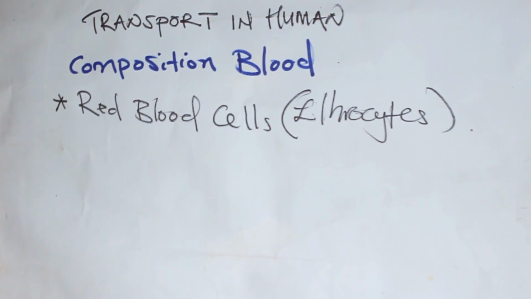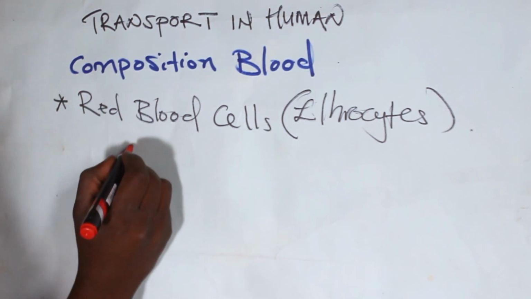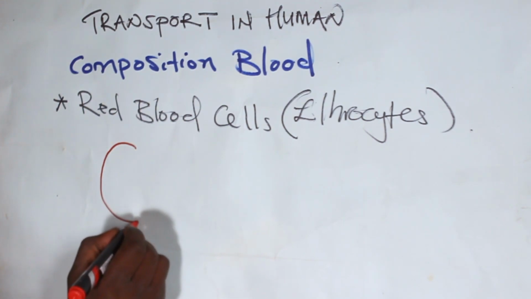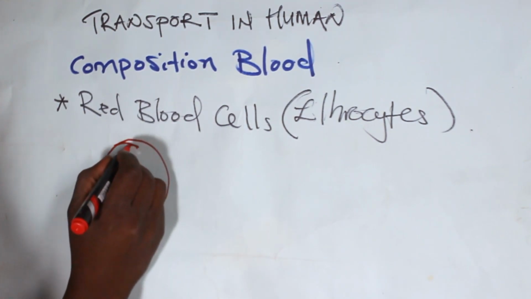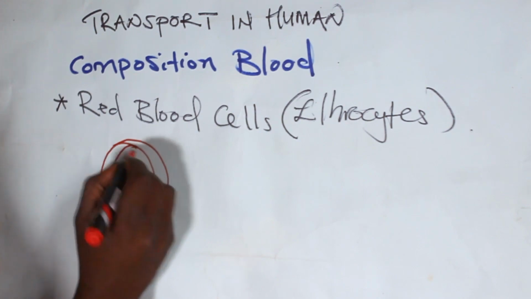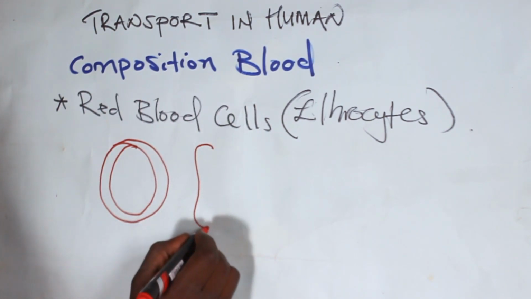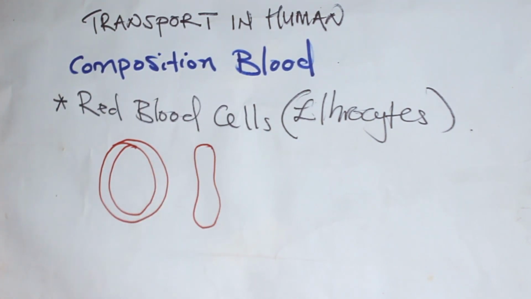Basically, the shape of the red blood cells, let me use a different color. So usually the shape of a red blood cell is something like this, and when you view it from the other side, it looks like this.